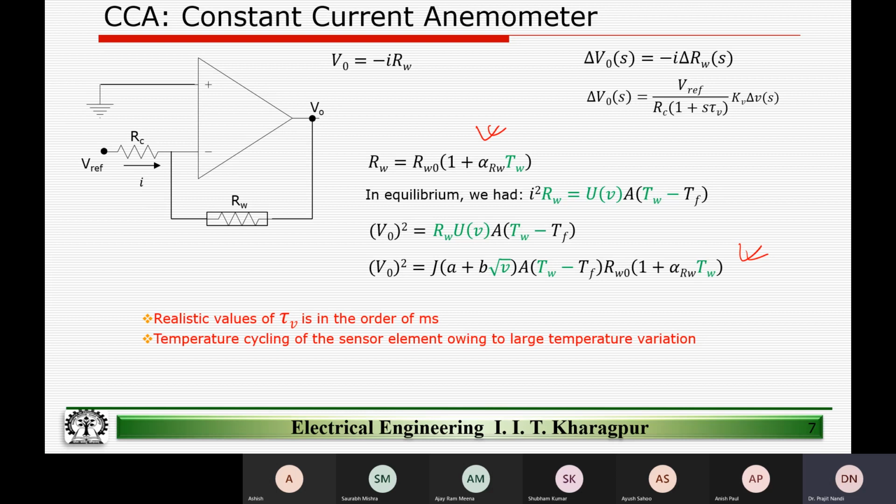If we are stressing the sensor element again and again, and we let the temperature swing for this resistor to a large quantity, that is not a good thing for the sensor element.